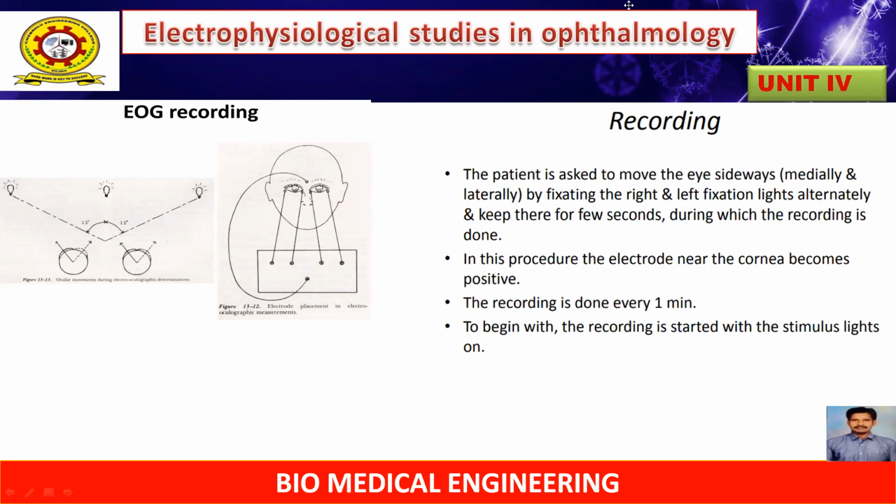In electrooculogram, in EOG, as per the ophthalmology studies, signal amplitude ranges between 50 microvolt to 4000 microvolt, and the frequency range is between 0.1 to 100 hertz.